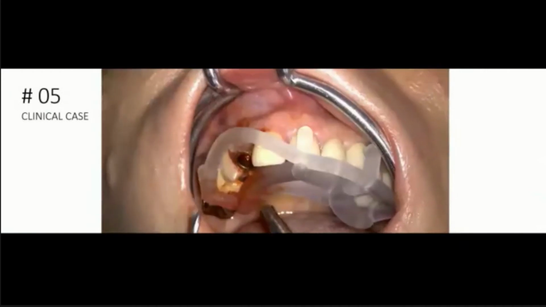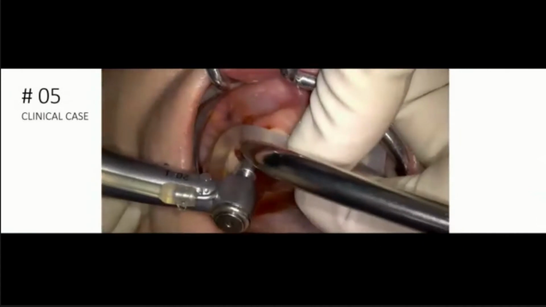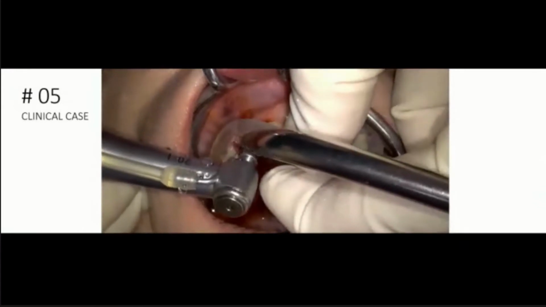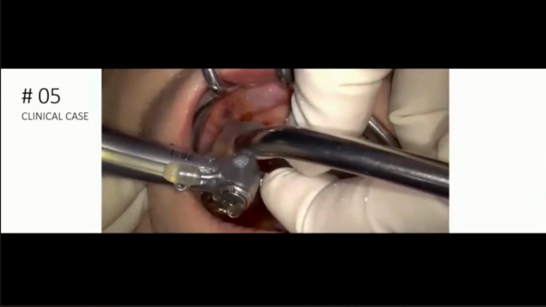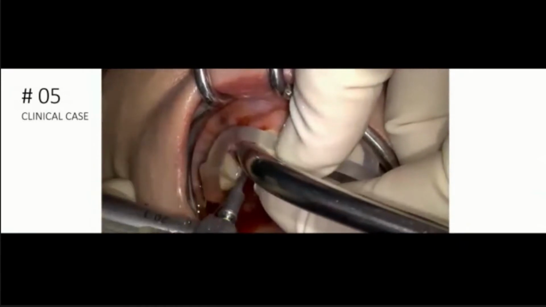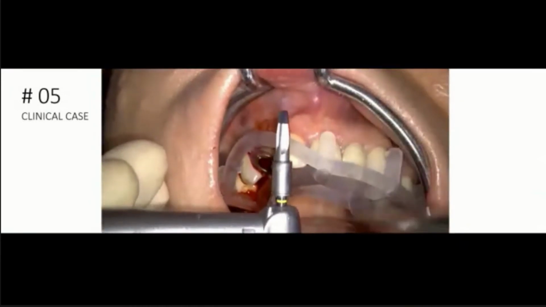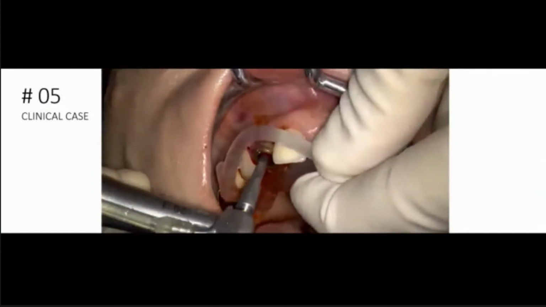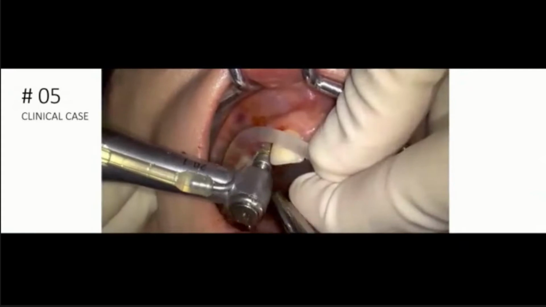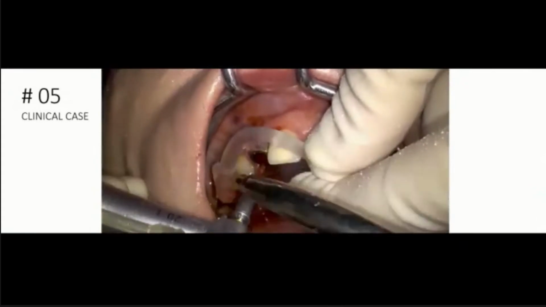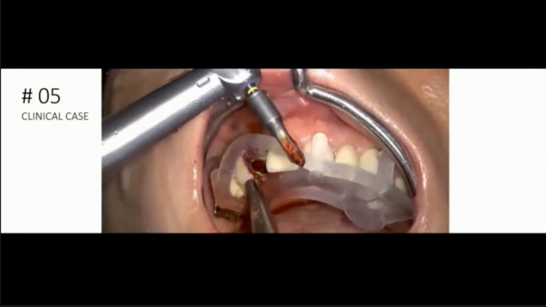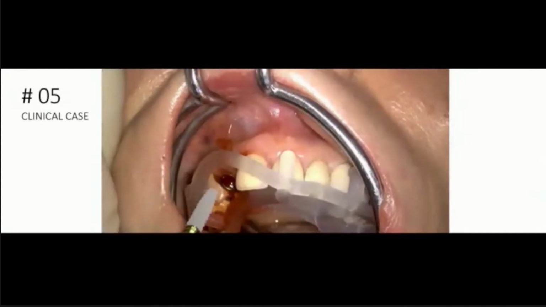And starting with our drilling protocol, here the initial drilling. And then I'm jumping over to the final step, the final drilling, to go to the depth. We planned here a 3.8 diameter and 13 millimeter in length implant, harvested some bone.